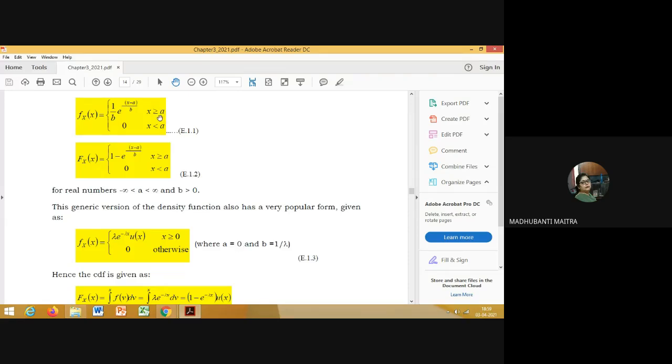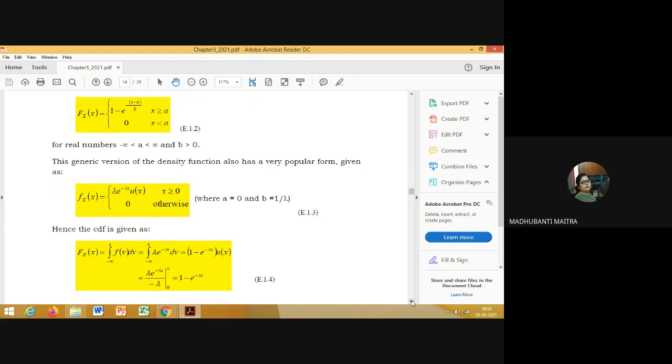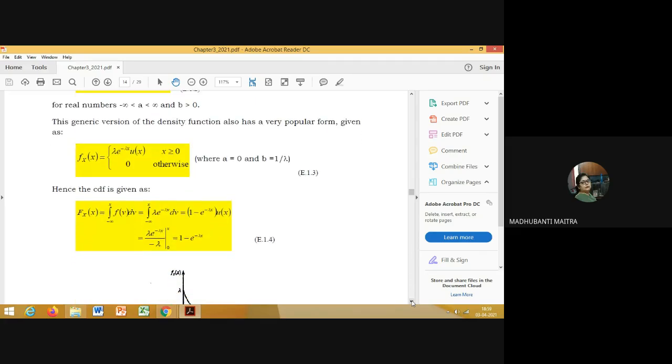So here we'll get an exponentially decaying function which will start from x equal to a. Here, since a is equal to 0, hence we'll get an exponentially decaying function from x equal to 0.